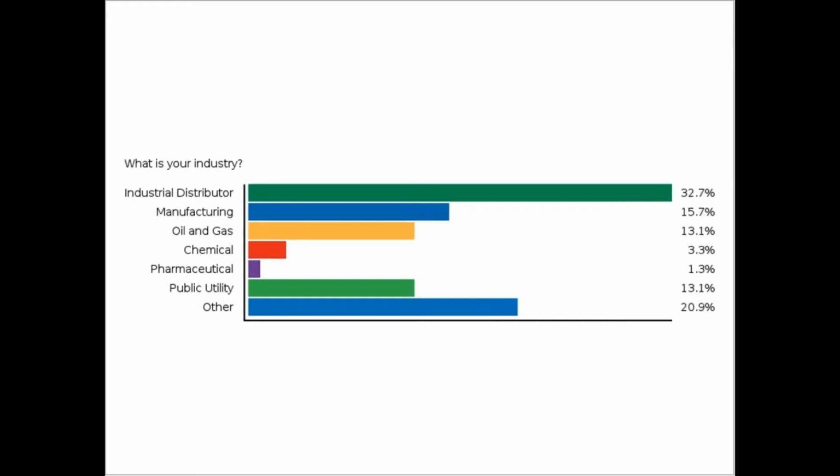Looks like a lot of industrial distributors here today. Manufacturing, and there's that other category. We had that in the last webinar. If any of you are part of that other category and want to chat in some suggestions for what you feel might be popular industries, feel free to do so. Great idea. Okay, thanks everyone. There's the results. Last chance to vote. Looks like industrial distributors is the winner.